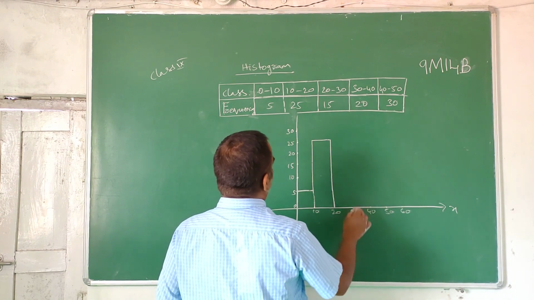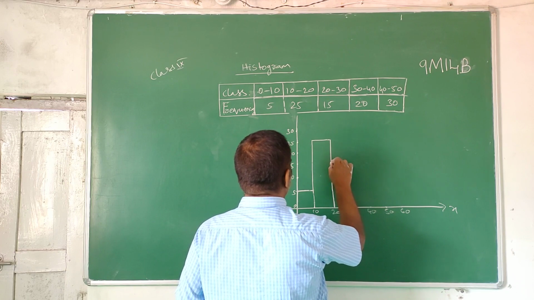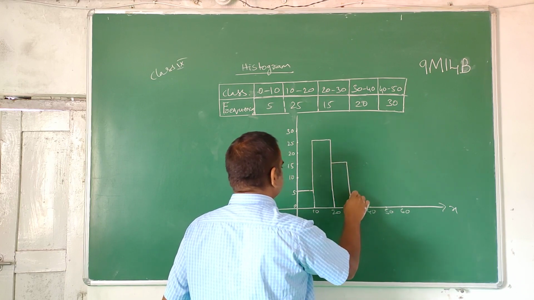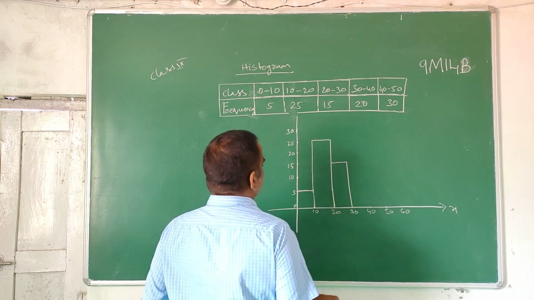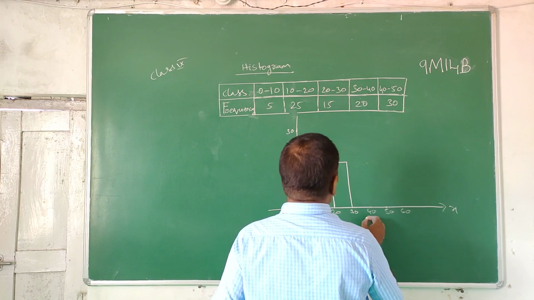From 20 to 30, frequency 15. From 30 to 40, frequency 20.